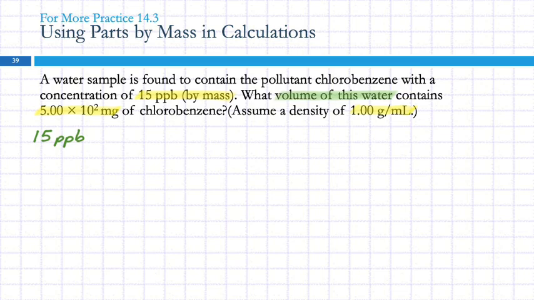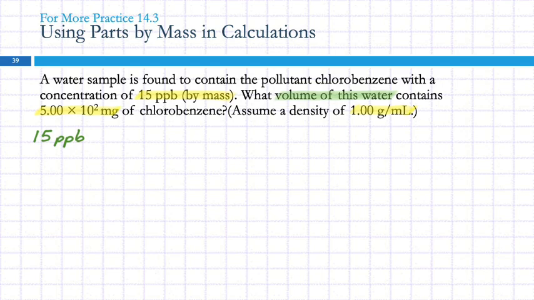Just looking at ppb is not going to be very helpful in trying to do this calculation. So we need to think about, well, what does that mean? ppb literally stands for parts per billion. And it's by mass, so that means the unit on the numerator and the denominator is going to be a mass unit.